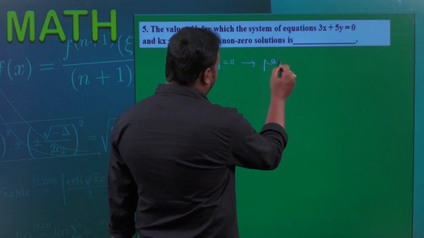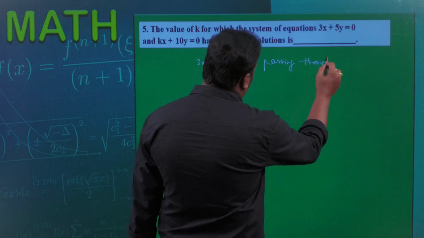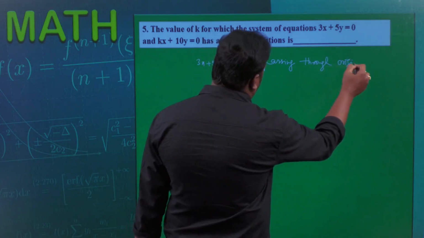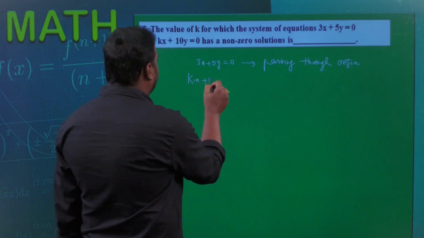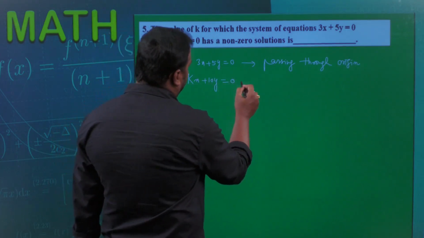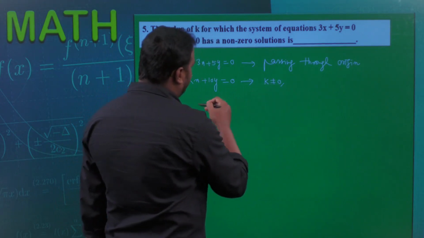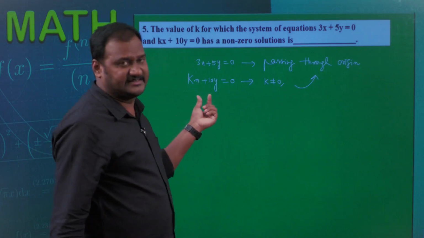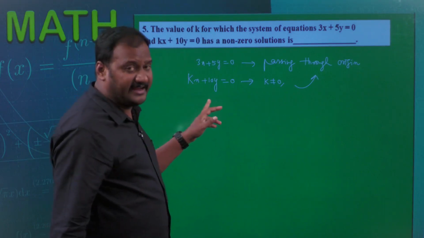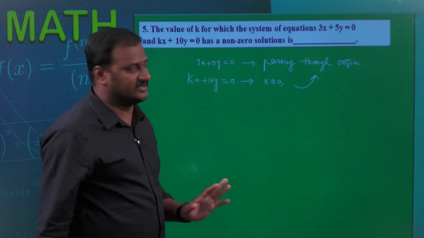And the second one is kx plus 10y is equal to 0. If k is not equal to 0, then also it passes through origin. It is the line passing through origin all the time. The x term is there, the y term is there, but there is no constant.